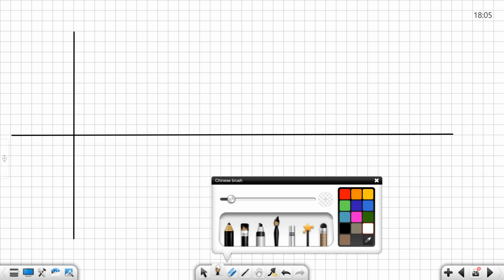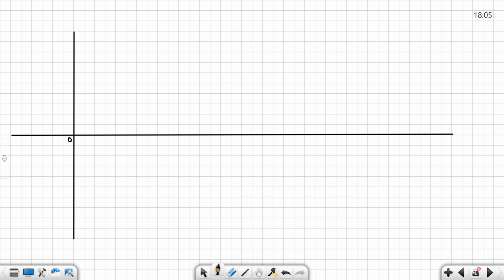Right, 0 to 360, so that our step is what? 45, right? So I'm going to count 3 boxes to give me 45.